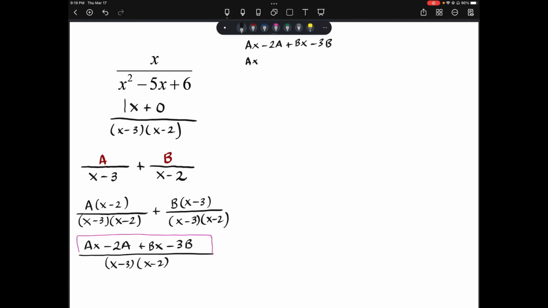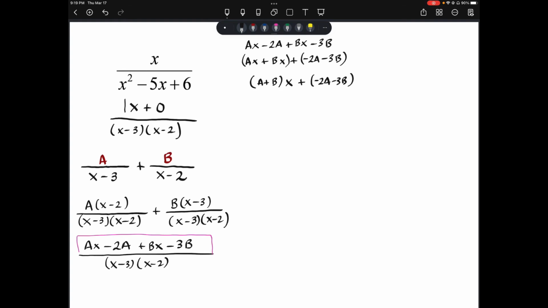We're going to say this is ax plus bx, and then plus negative 2a minus 3b in that second group. Okay, so we can factor out our x, and in this case we have a plus b times an x, and then we have plus negative 2a minus 3b in the second set there.